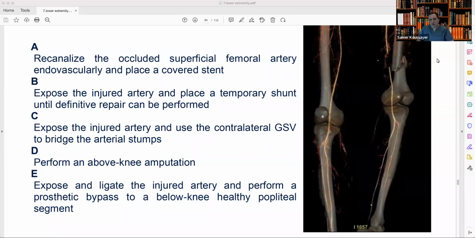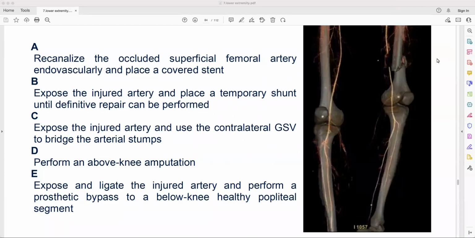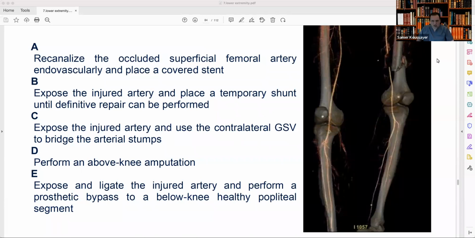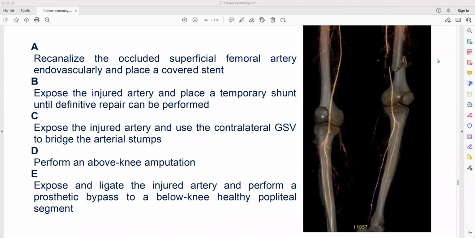Plus below knee bypass is bad also. For this patient, the artery above the knee is nice, so no reason to go below the knee. So again, if unstable, the best way is a shunt. If stable, just use a vein graft, it's easy. They always give you the contralateral leg in the exam. In real life, you go patient by patient, okay?